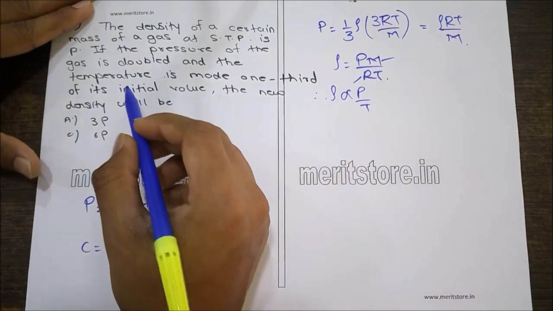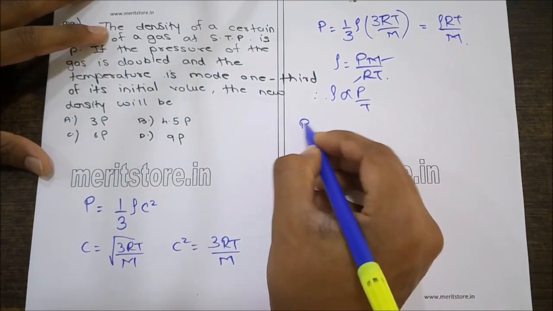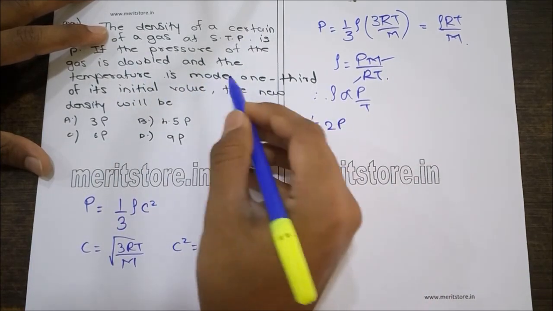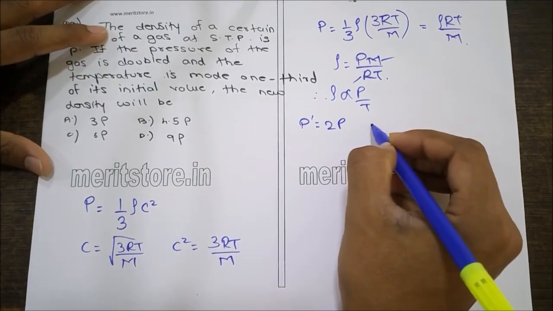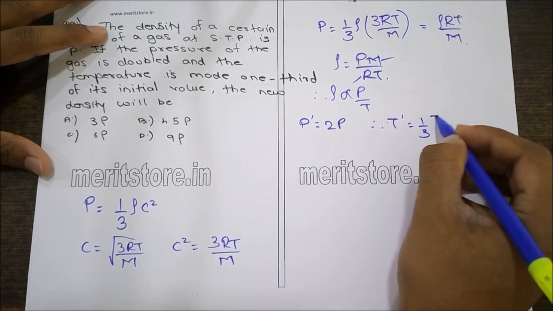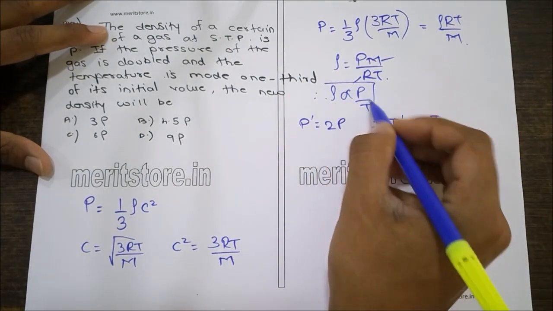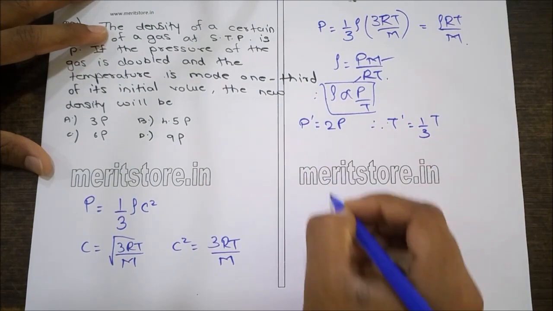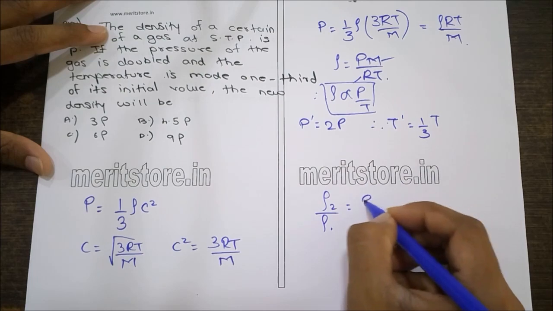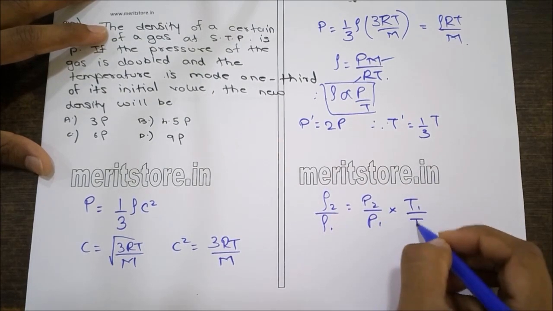Now the condition is given that the pressure of the gas is doubled. So the new pressure P dash is 2 times the initial pressure and the temperature is made one-third, so T dash is equal to one-third of the initial temperature T. Using this relation, we get rho 2 upon rho 1 is equal to P2 upon P1 into T1 upon T2.